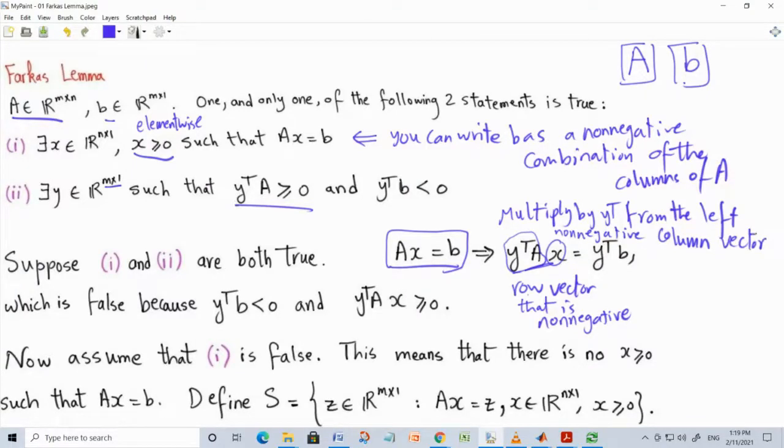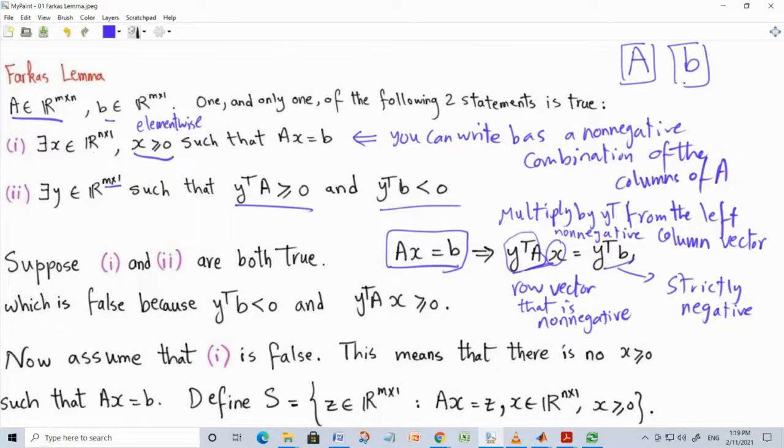When you have the inner product, you should get something that is non-negative. But at the same time, the second statement tells you that y transpose b is strictly negative. So you cannot have this equality, because one side is non-negative and the other side is strictly negative. Basically, the two statements cannot be true at the same time.